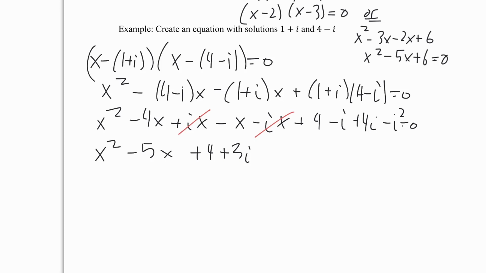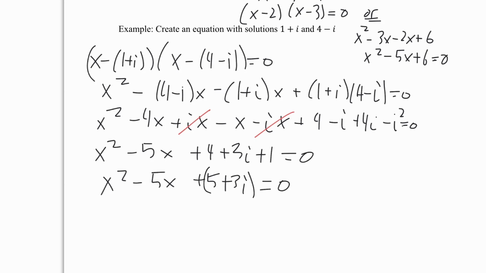And then minus i squared, that's equal to, well, i squared is negative 1, so negative negative makes positive. And finally we get x squared minus 5x plus 5 plus 3i. Now if you want, you can put this last one in brackets just to show that it is a proper polynomial. We have our x squared, we have our x, then we have our constant term. The constant term has a real part and an imaginary part.